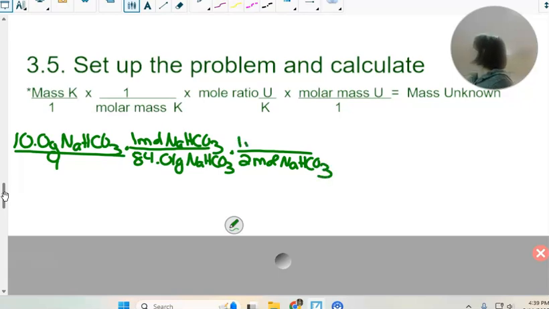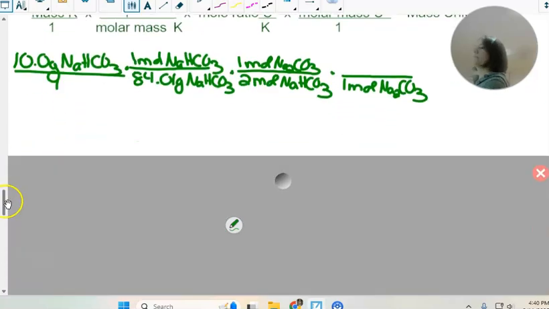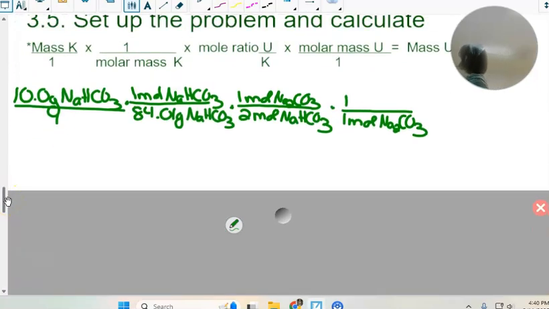And then it was 1 mole of sodium carbonate on the top. Then we're going to look at the molar mass of our unknown, which is our sodium carbonate. So we want to cancel out moles, so I'll put 1 mole sodium carbonate over the number of grams, which is 105.99.